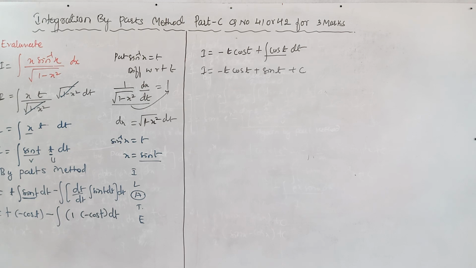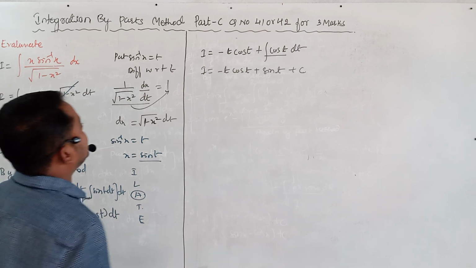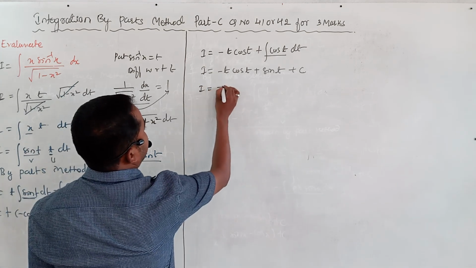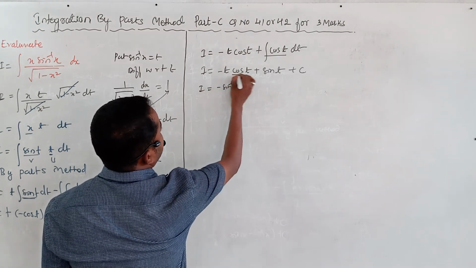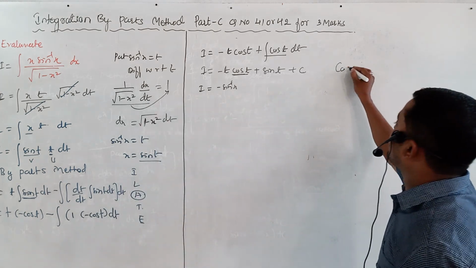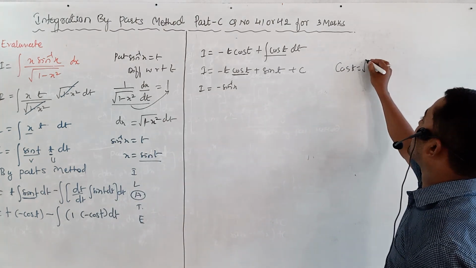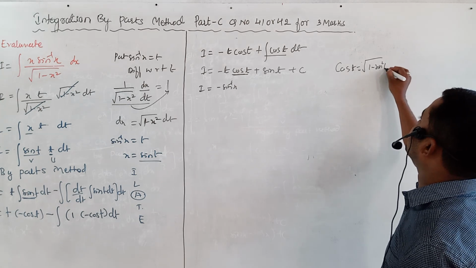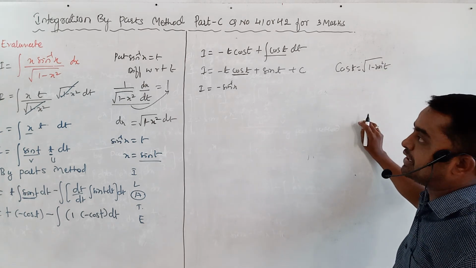Now what is the value of t, cos t and sin t? Yes, write it. Minus t cos t. What is the value of t here? I is equal to minus sin inverse x, and cos t is root of 1 minus sin square t.